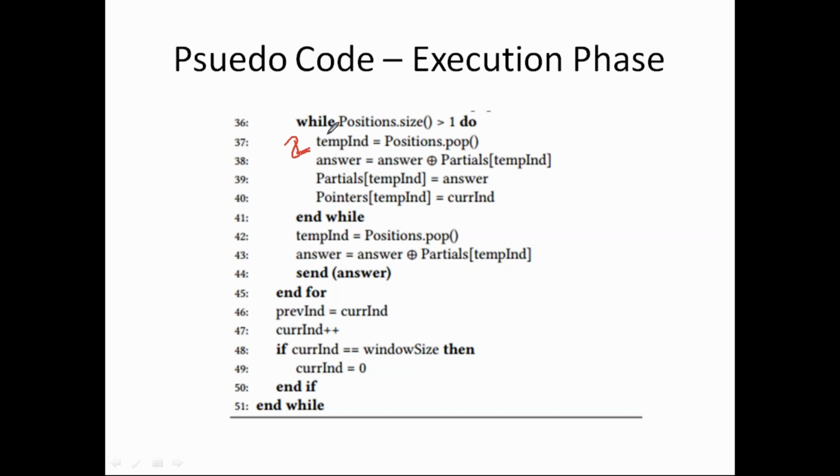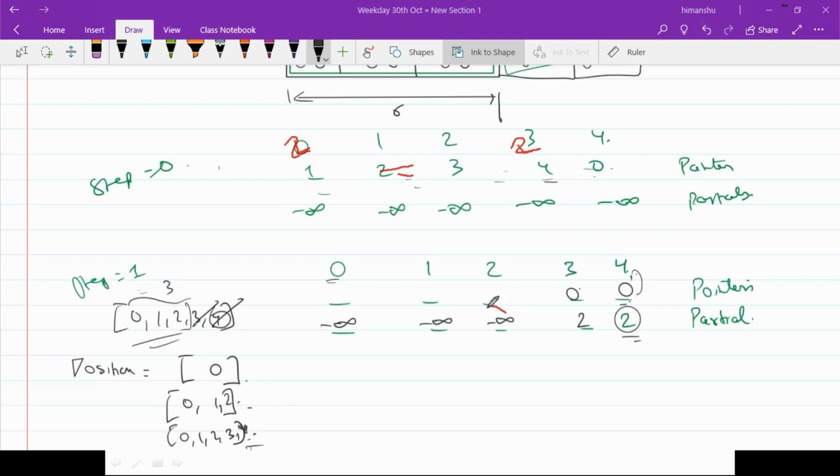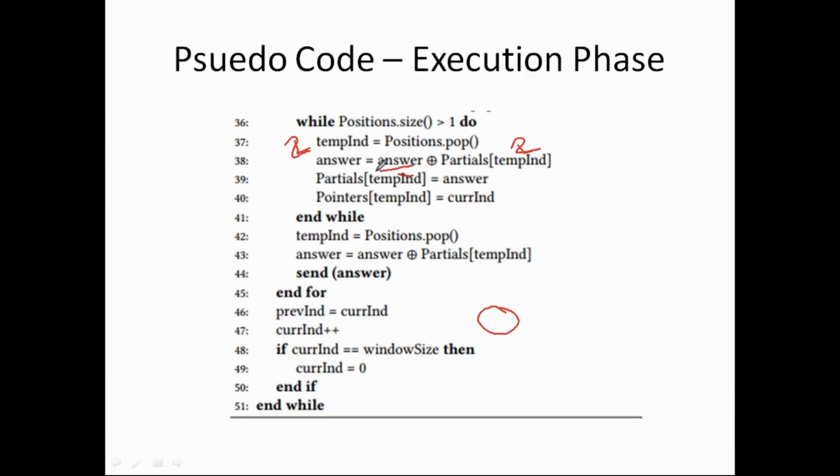Now again I am checking and updating the answer, and partials of 2. Answer is 2 earlier, and partial of 2 was minus infinity, so we need to update it also. Still the answer is 2.